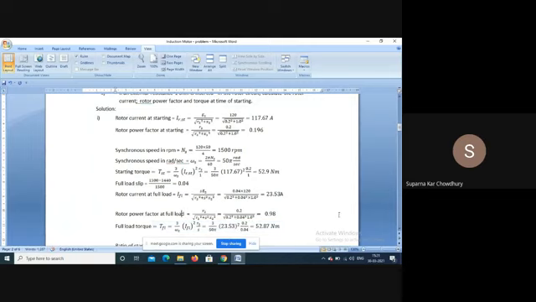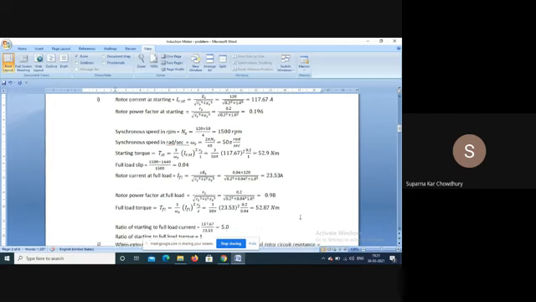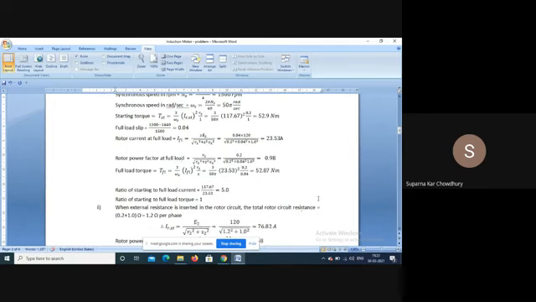So your full load torque is 52.87 Newton meter. So the ratio of the starting current to full load current is approximately 5, whereas the starting torque to full load torque ratio is 1.